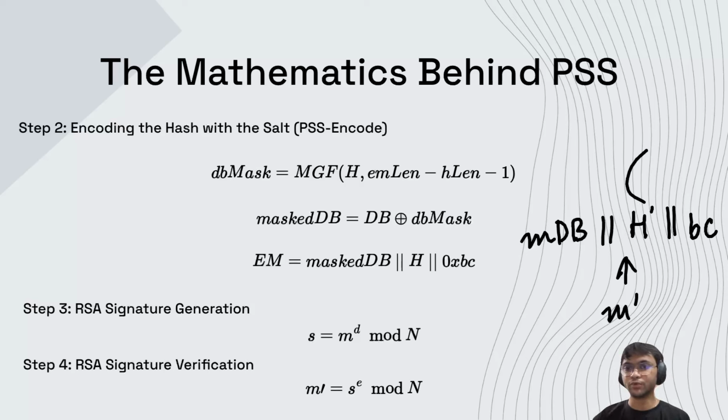They can then recompute this H dash from the message and the salt. The verifier confirms if the hash and the salt embedded in EM, the encoded message block, matches what is expected. If everything checks out, the signature is valid. And that is how PSS works in action.